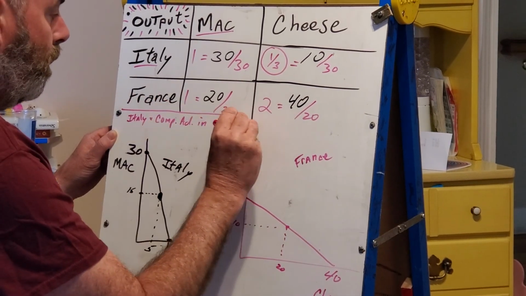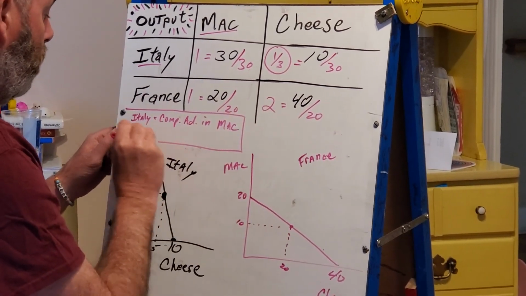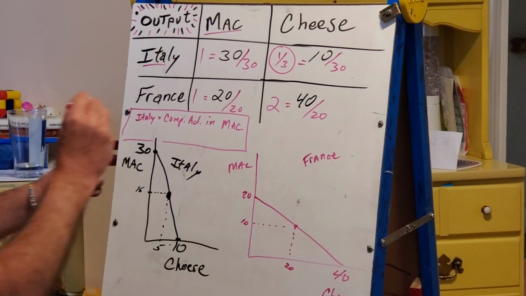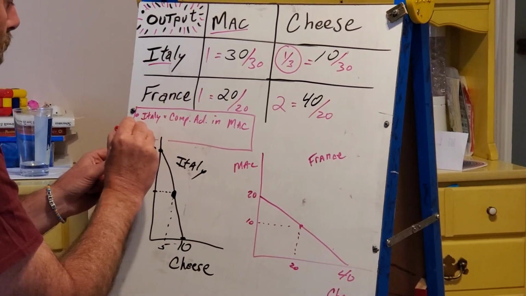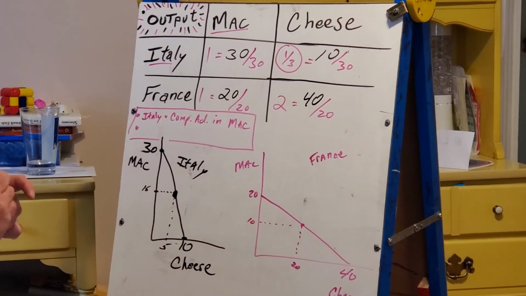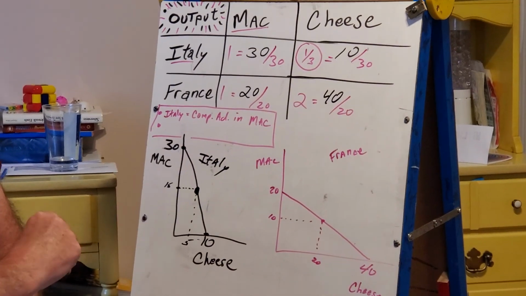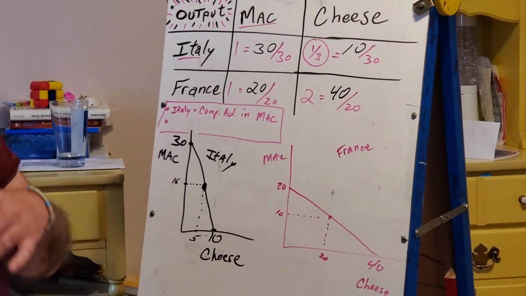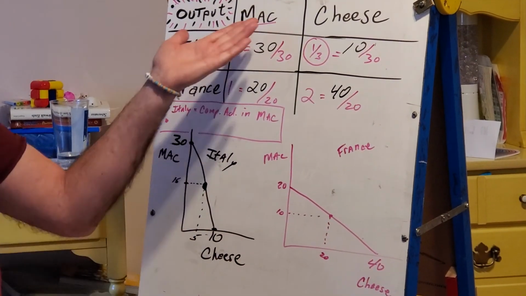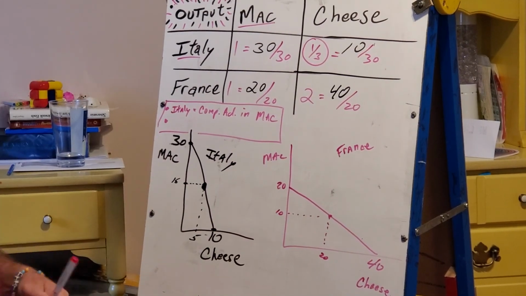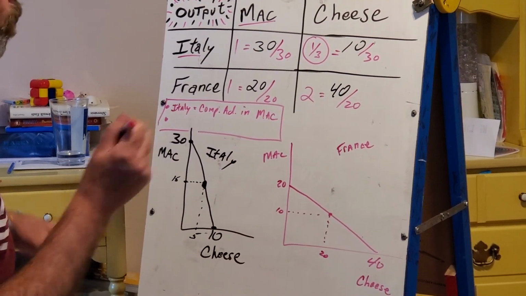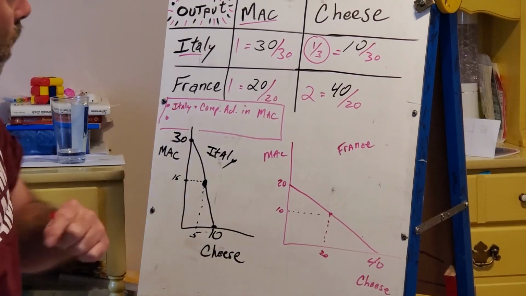macaroni. Now, real quick, folks, especially since this exam is going to be a little shorter than usual: if Italy enjoys the comparative advantage in the production of one good, in this case macaroni, automatically the other country, France, will enjoy the comparative advantage of the other good.